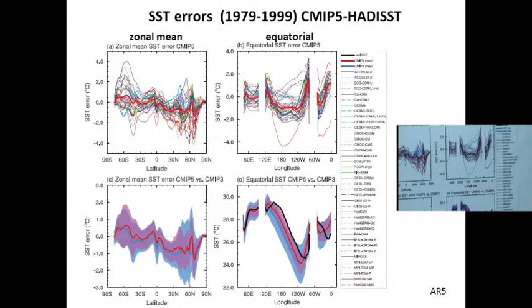But in the Pacific Ocean, we see two aspects of the errors. You see, in the west part of the Pacific Ocean and the east part of the Pacific Ocean, there is an overestimation of temperature. But in the Central Pacific, there is an underestimation of sea surface temperature.